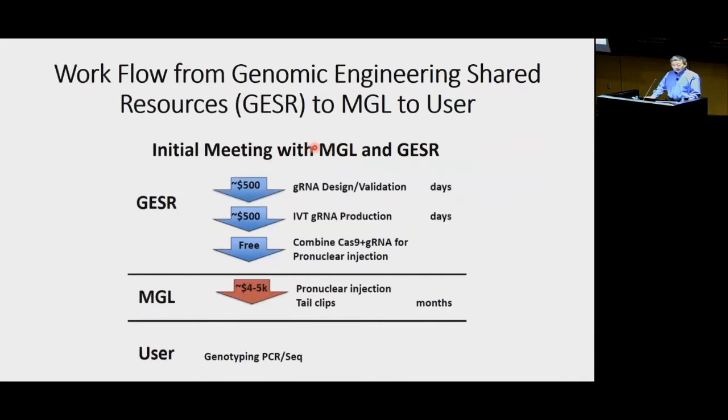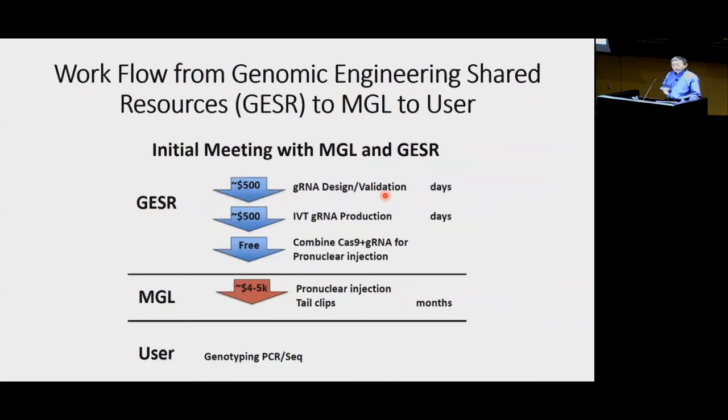Hopefully first we can have a meeting with our client, and then the Genome Engineering Shared Resource will design your CRISPR reagent, and they will test it in a cell line. That's required nowadays, to make sure the guide RNA, the gRNA, can cut.